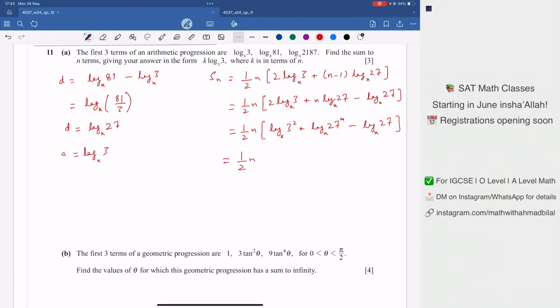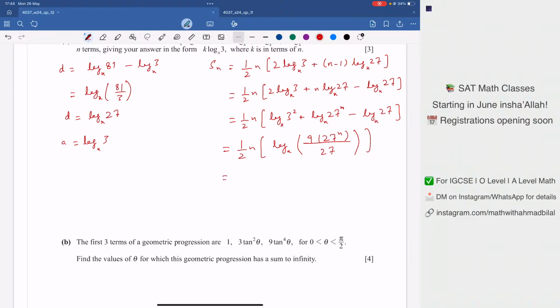Now that I've done it this way, let's apply the log rule. We could say log base x, we have plus between these two terms, so 3 squared is 9 into 27 raised to power n. That's what you have in the numerator, divided by 27, because we have minus here, that will go to the denominator.